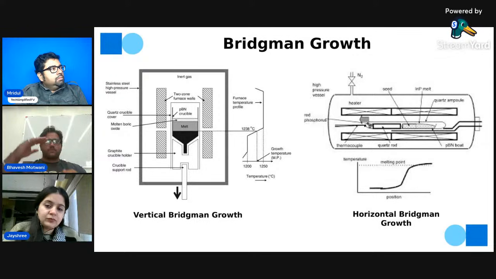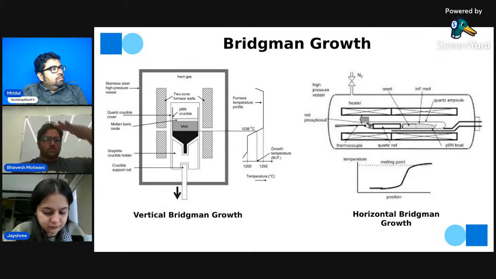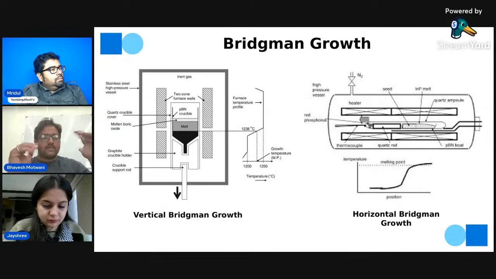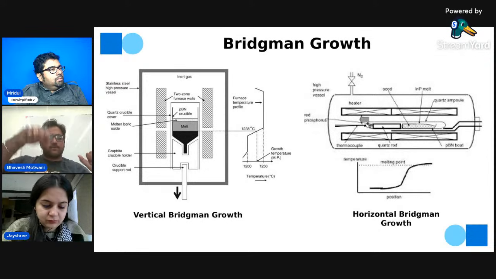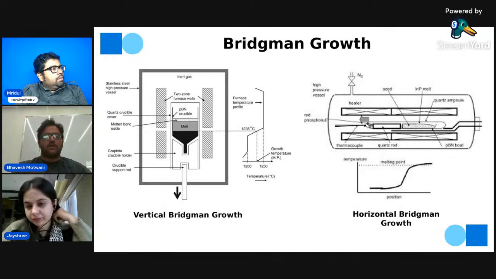Suppose the top side is heated and the lower bottom side is cold. You heat it from above, and it is melted, and this part will be at a cold temperature. And the crucible would move. Instead of putting a rod in and pulling it out, the crucible is moved, and that will change the whole parameter and make a whole ingot.